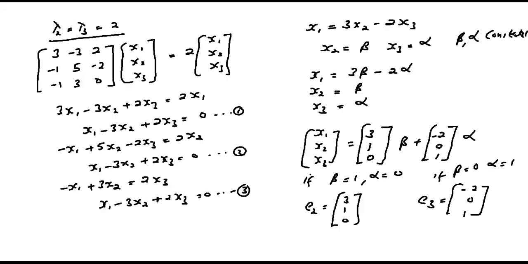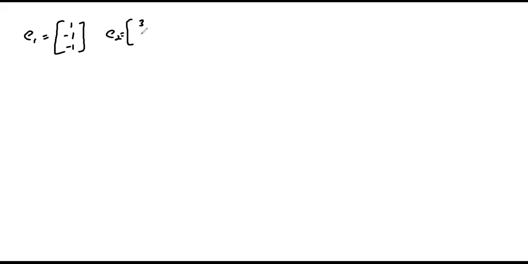We have already determined the values of eigenvector 1, which was 1, negative 1, negative 1. Eigenvector 2 is the vector 3, 1, 0, and eigenvector 3 is negative 2, 0, 1.